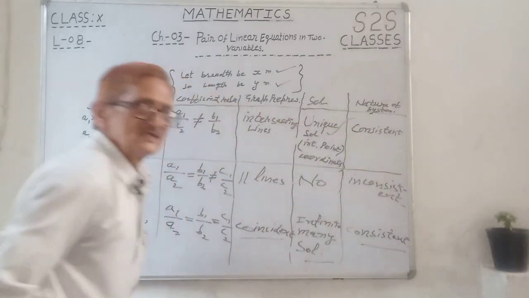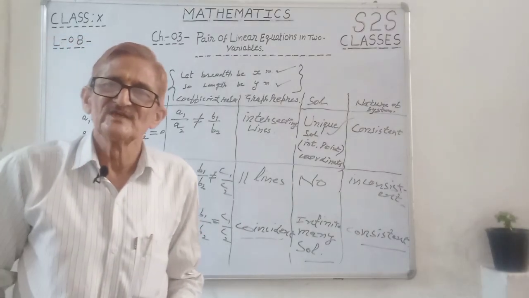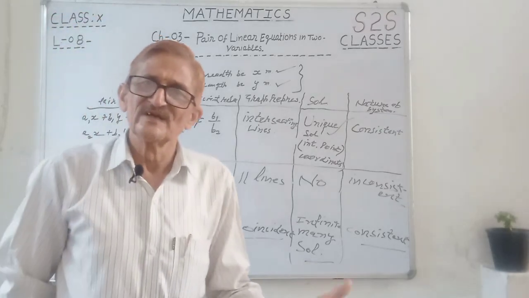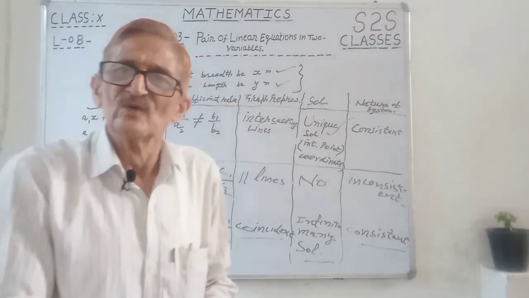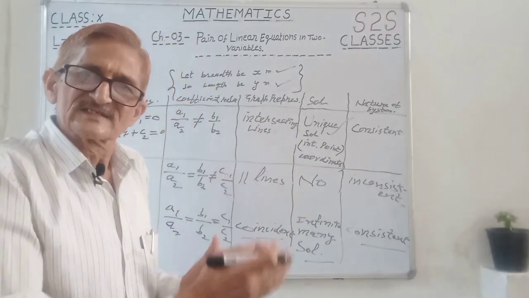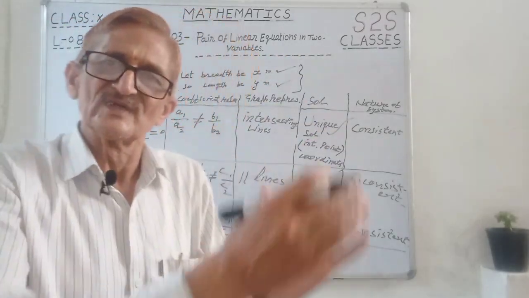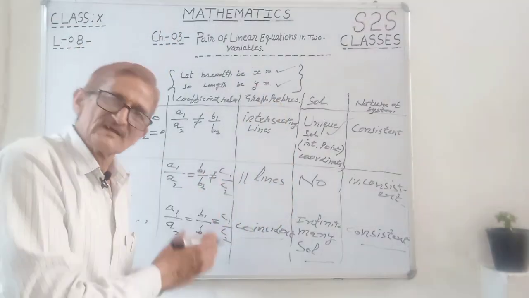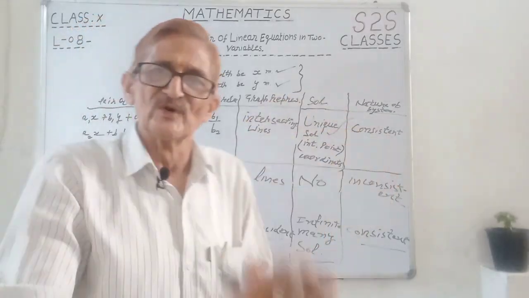So this table is important to remember in order to give the answer without drawing the graph. Take the coefficients a1, b1, c1, a2, b2, c2 and take the ratio of the coefficients of x in both, of y, and of the constant term. That means a1 upon a2, b1 upon b2 and c1 upon c2.